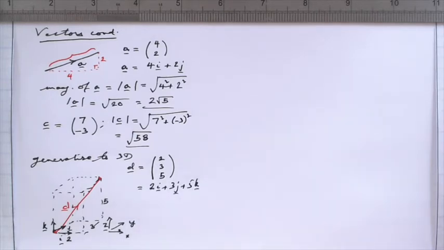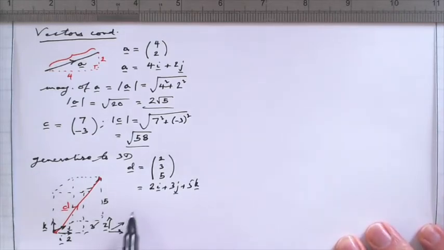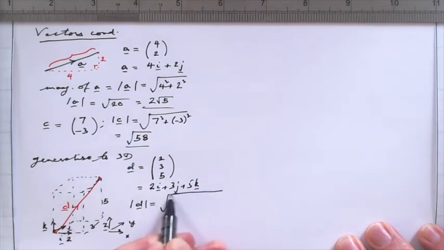Okay. What I wanted to just focus on here more than the arithmetic in 3D, because it tends to be the sort of thing that's asked, particularly in the Scottish curriculum, is what about the magnitude of this vector? And that's very, very straightforward. The magnitude of this vector is calculated as the square root of the sum of the squares of all 3 components.